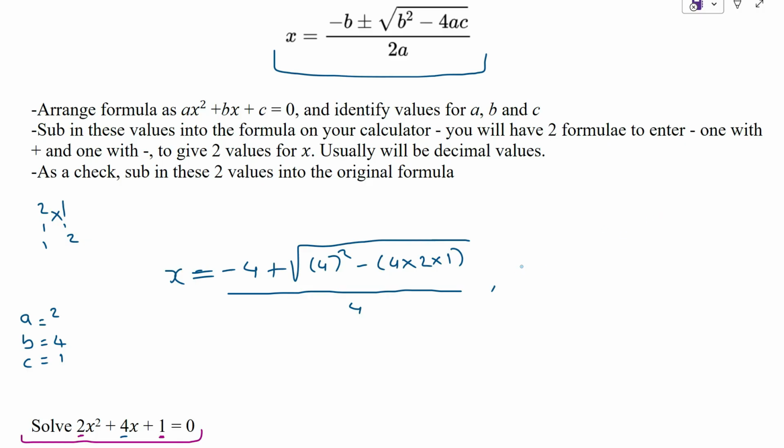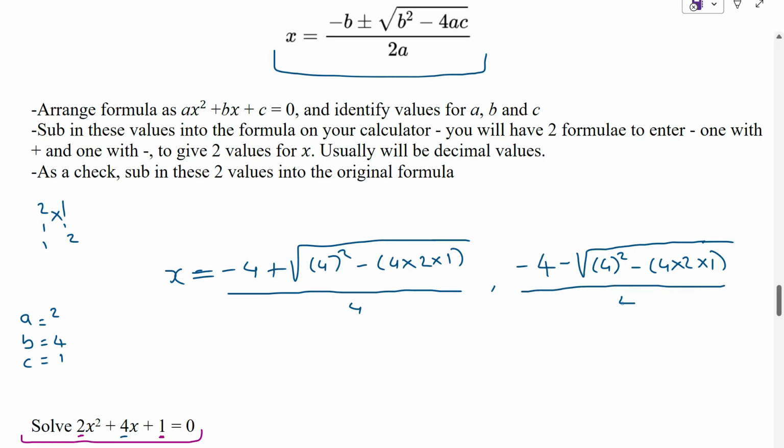The way we get the second value for x is we do minus b, exactly the same as this, but we're just going to minus instead of plus. So all the other numbers are exactly the same, so just copy that out. All over 2a. Okay, so we're going to input this equation into our calculator, exactly how you see it here on screen.